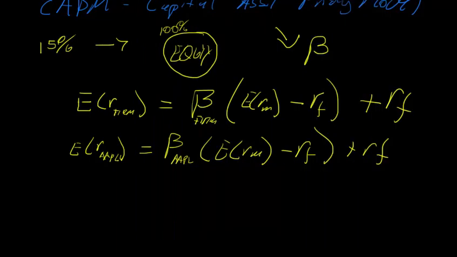Beta of Apple is 1.35. So I'm going to make this equal to 1.35. Is that more risky or less risky than the market? Well, since the beta is greater than 1, we say it's more risky than the market.